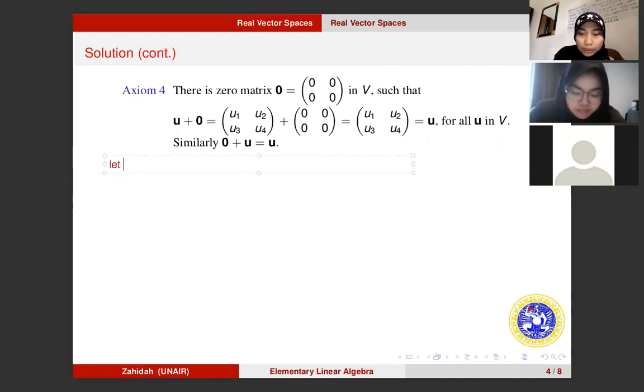Maybe let our 0 equal, wait, I want to write 2 by 2 matrices, maybe this one: x, y, and the second row z, u.